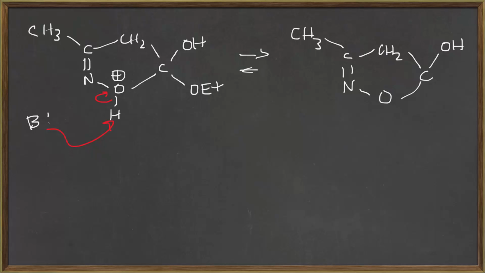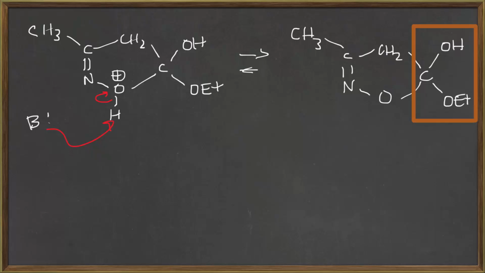And then it's just a matter of trying to figure out what's going to happen here with that hemiacetal carbon. And what happens next is I'm going to convert one of these guys into a good leaving group, that one or that one, and the one that's going to leave is the one that's going to allow me to turn this whole thing into a carbon-oxygen double bond.